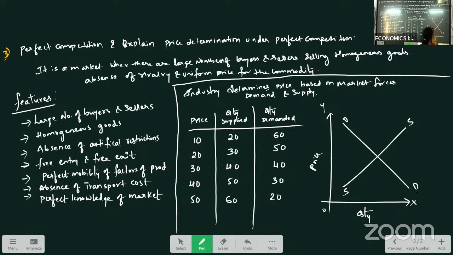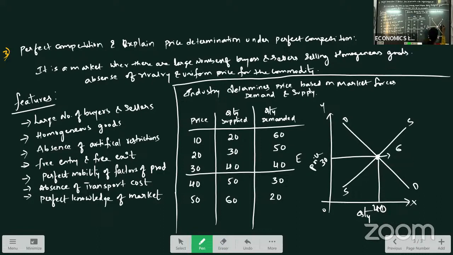The point where both supply and demand are equal, that is OM quantity, means you can take. This is the point of equilibrium. At price 30, our quantity supplied is 40 units and quantity demanded is 40 units.